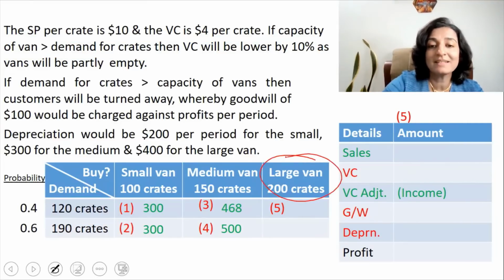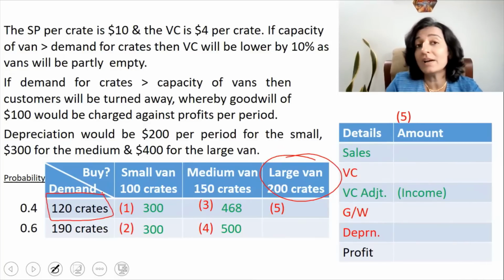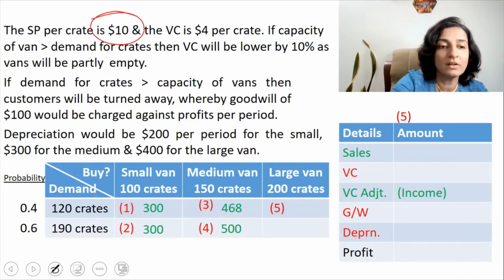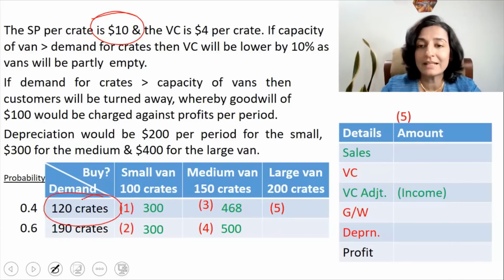We have a capacity of 200 crates, but unfortunately, the demand is only 120 crates. So we will be able to sell only a maximum of 120 crates. So what is the sales value? Per crate, it's $10 and we are able to sell 120 crates. So 10 into 120, or 1,200, is the sales value.